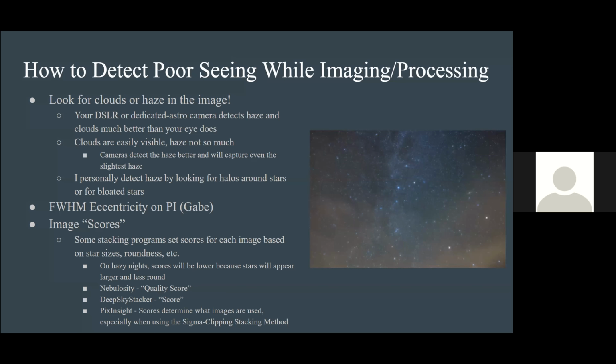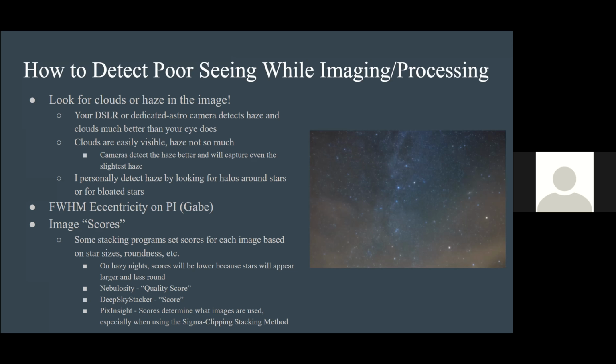I like to think of some of those nights when I'm imaging at like 3 a.m. on a summer night, and it seems like it's really nice out. Obviously star counts are not as great as they had been in nights before, but I don't really notice it. And then I look at my images and there's a bunch of haze on it. This is even more prominent in dark skies when you can't really see the clouds.